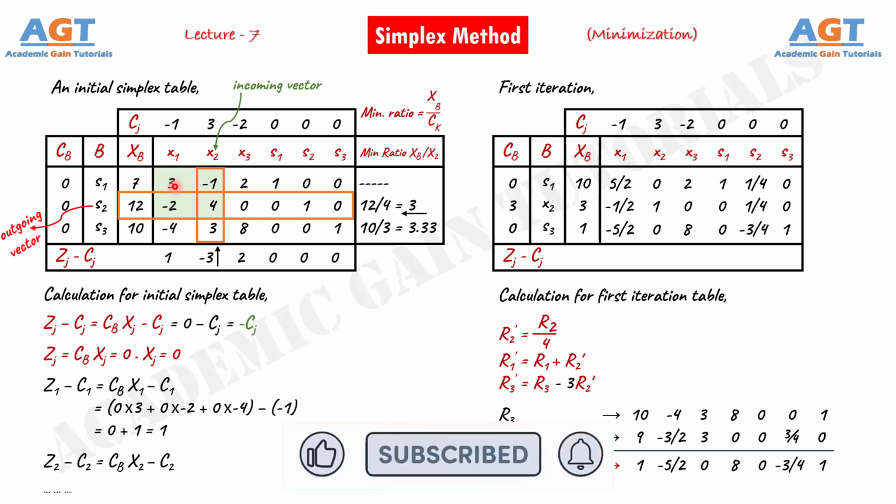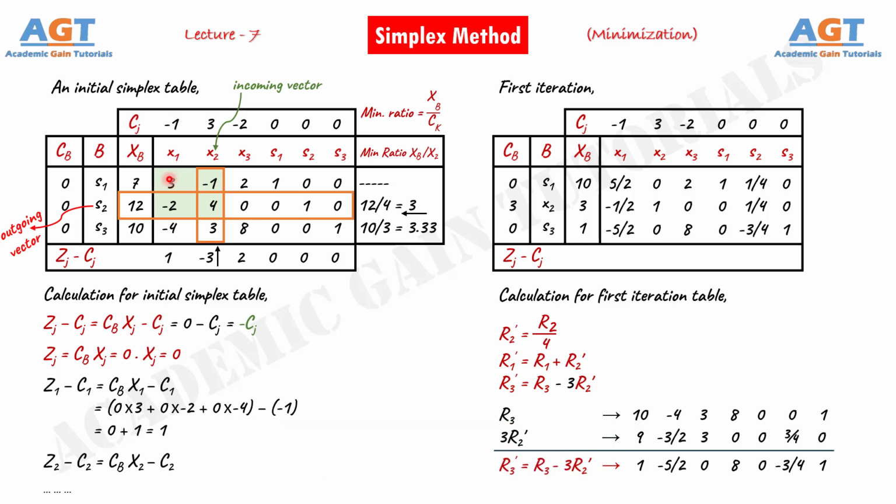So, we go to table number 1, then we will directly cross-multiply 3 with the key element. Here the key element is 4, and then, we can see that here we have -2, and here we have -1. If we multiply -2 and -1, it will form a cross diagonally.